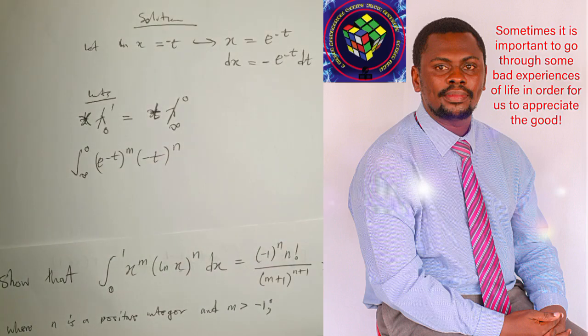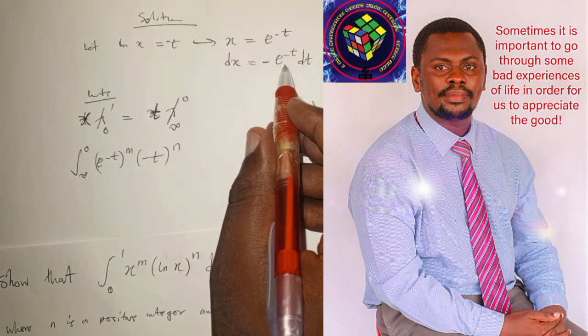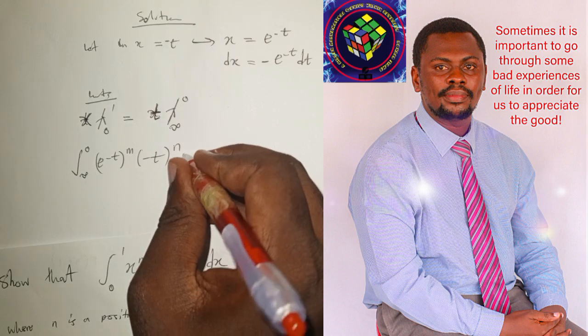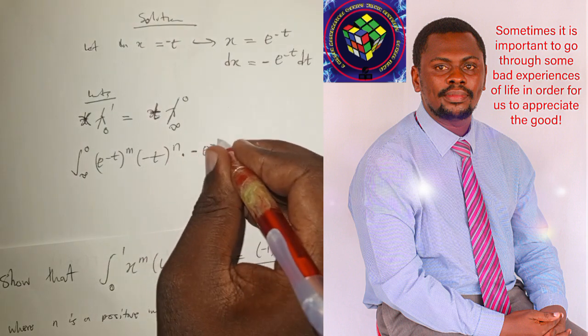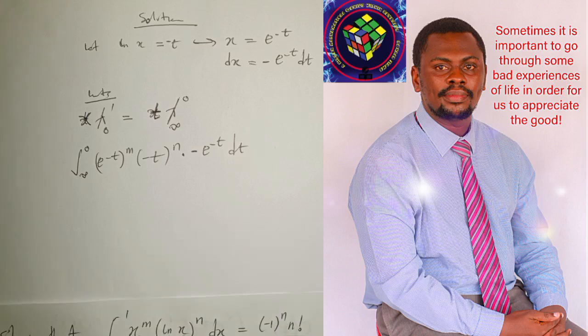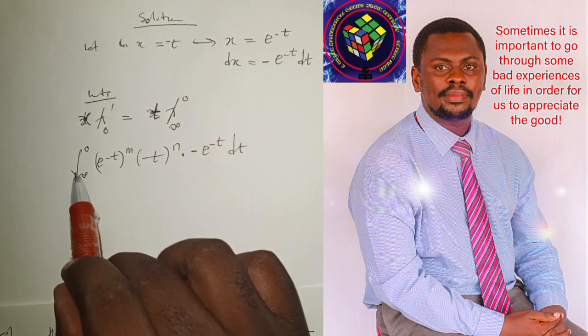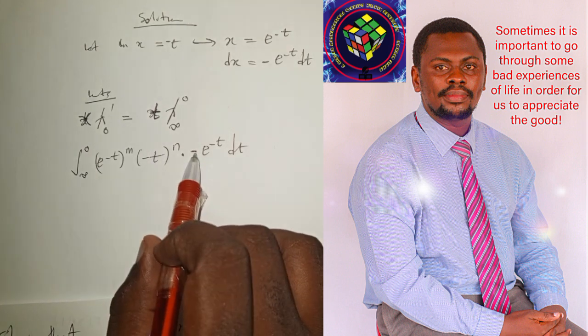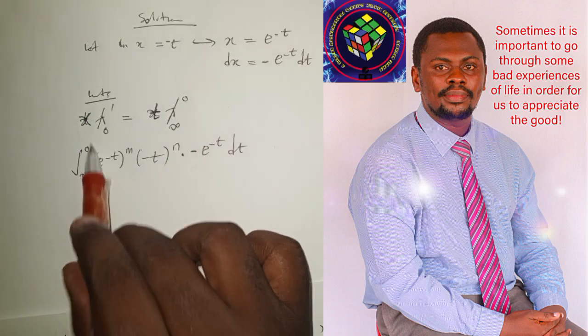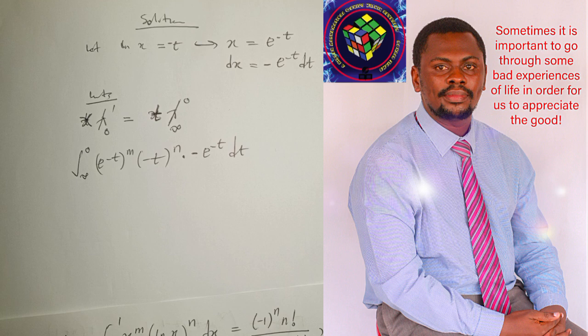Then where there is dx, it's minus e exponent of minus t, then dt. What you should remember is that when you multiply the integral with a minus, the limits will change. So this minus is going to change the limits here. They will swap.